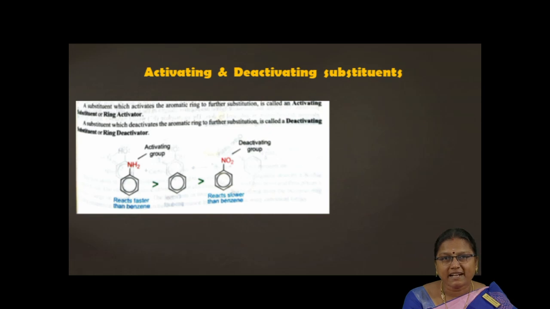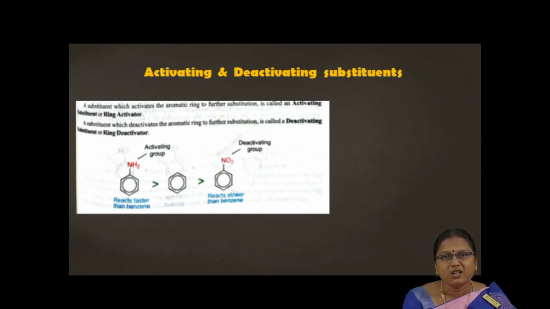Whereas in the nitro group, the atom directly attached to the benzene ring is nitrogen, which is electronegative in nature. This is further attached to a more electronegative atom, oxygen. So this nitrogen is more and more electron deficient and it attracts electrons from the benzene ring towards the nitro group.